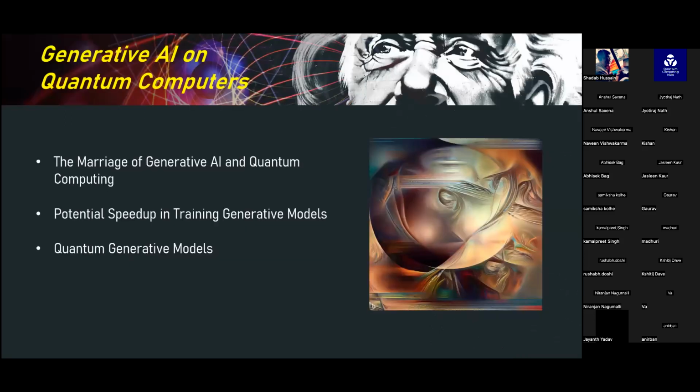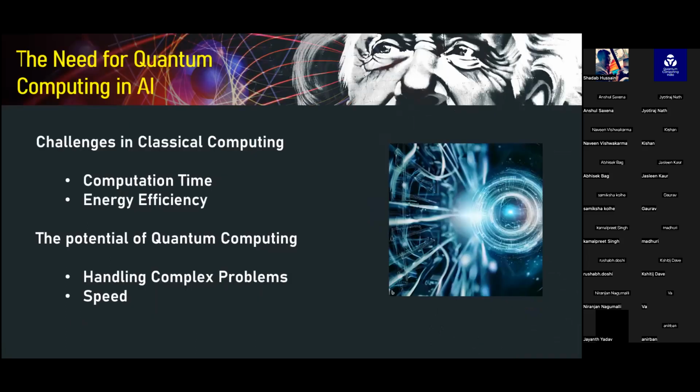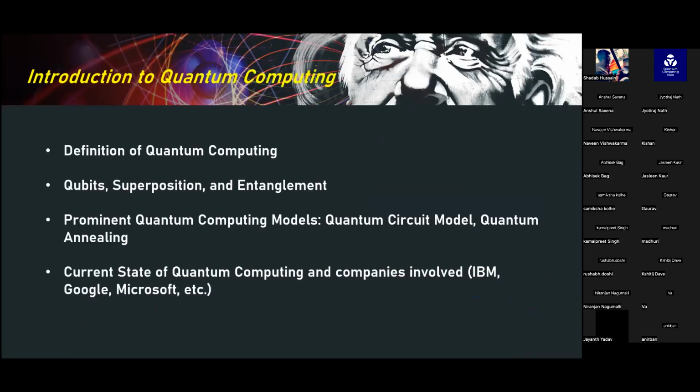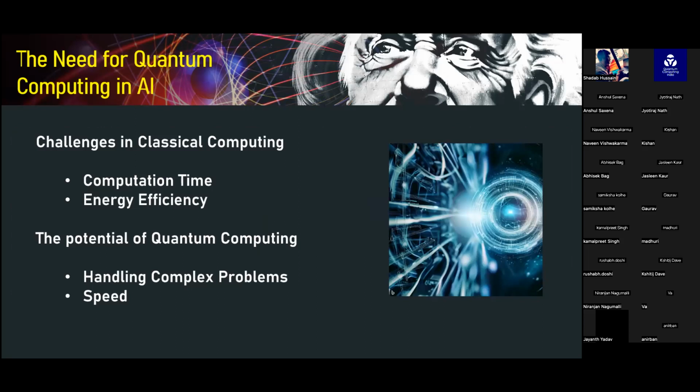Okay. Now, when we talk about the marriage of generative AI and quantum computing, as we were discussing earlier, the potential tie-ups or complements of generative AI and quantum computing help generative AI on 2 parameters, which I have already defined earlier. These 2 parameters are computation time and energy efficiency.